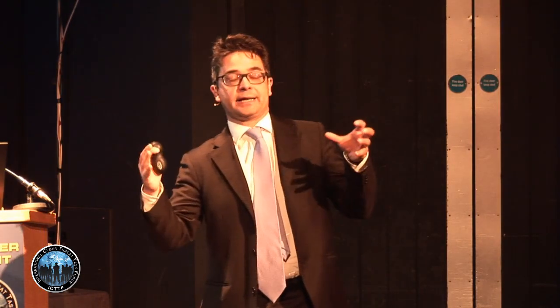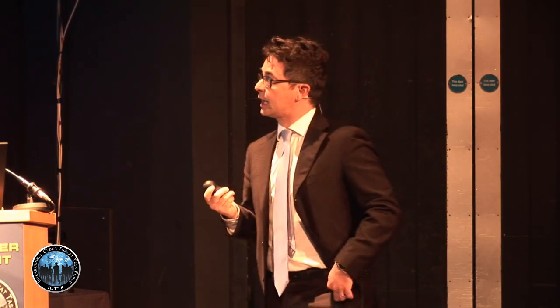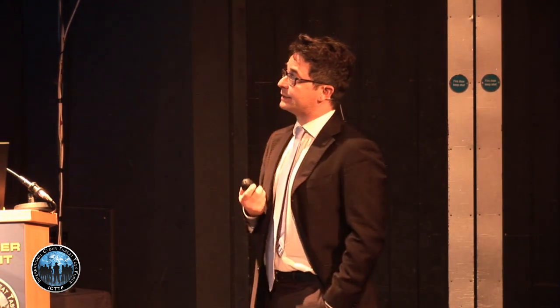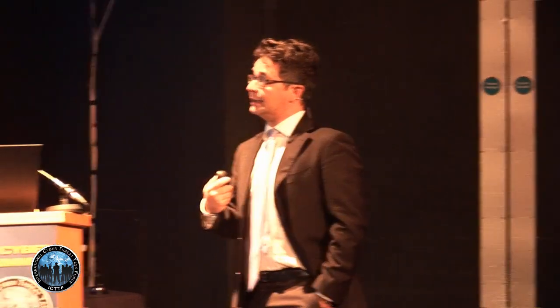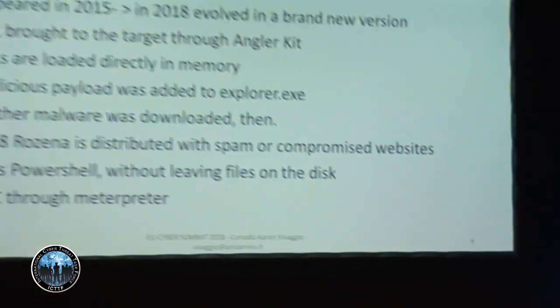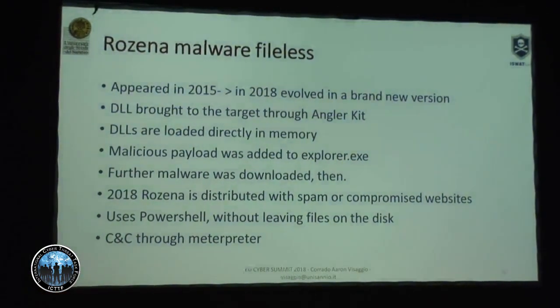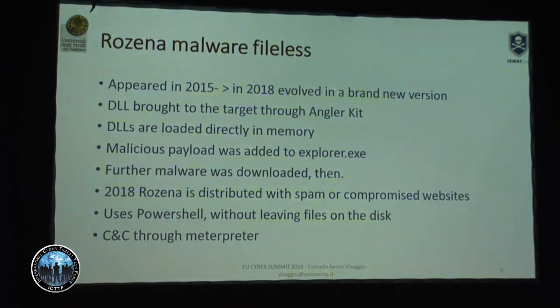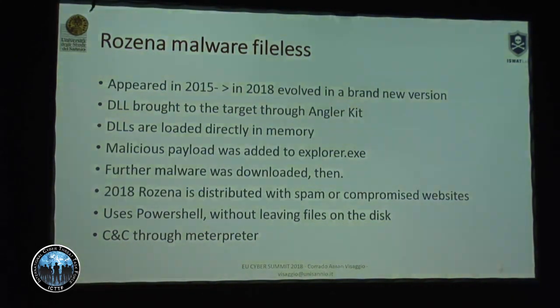And so what you see in the machine is just the Explorer process running, not Rosina. Further malware is downloaded. And then, after 3 years, Rosina appears again, in another form, with another mechanism of infection. Of course, Rosina uses PowerShell. And of course, Rosina is a command and control, and it uses Meterpreter.